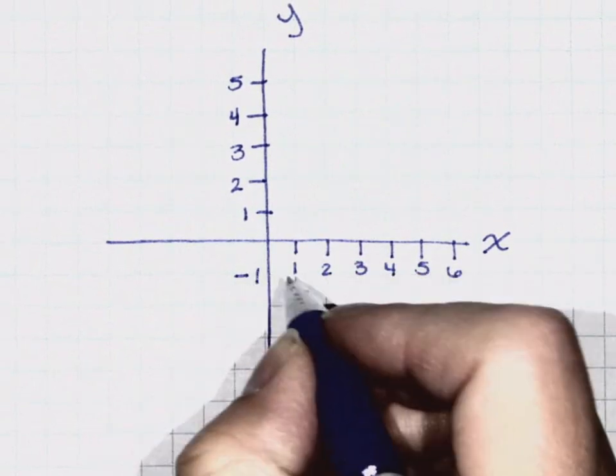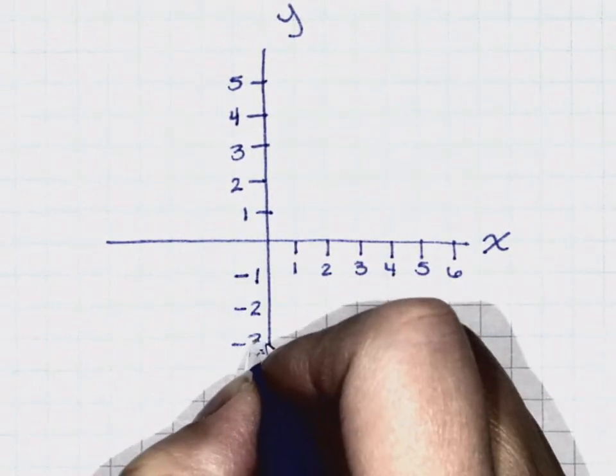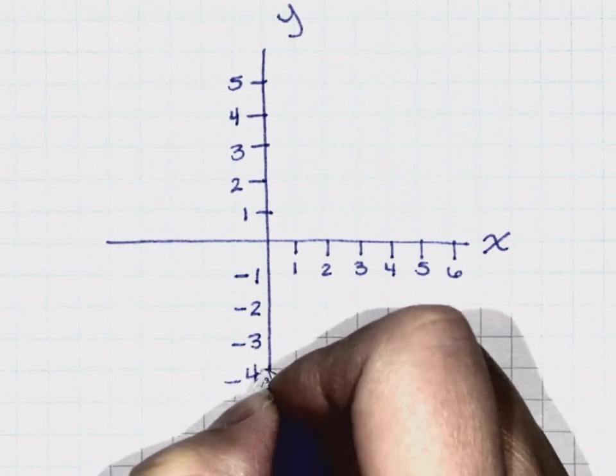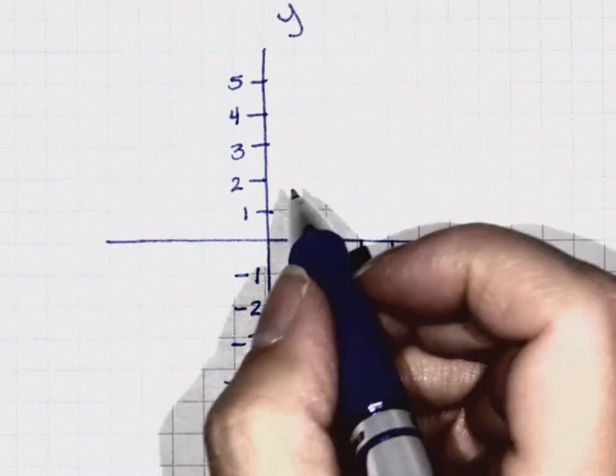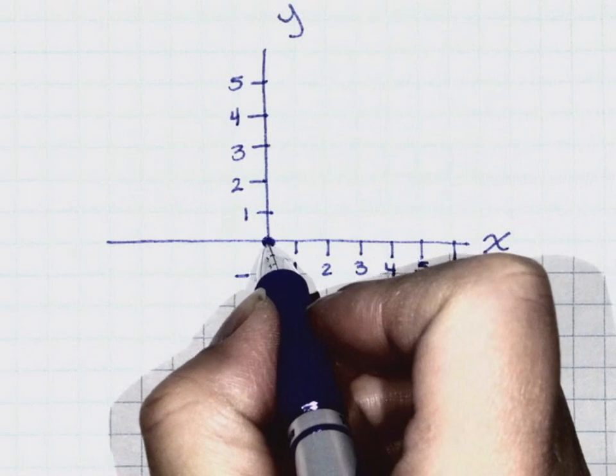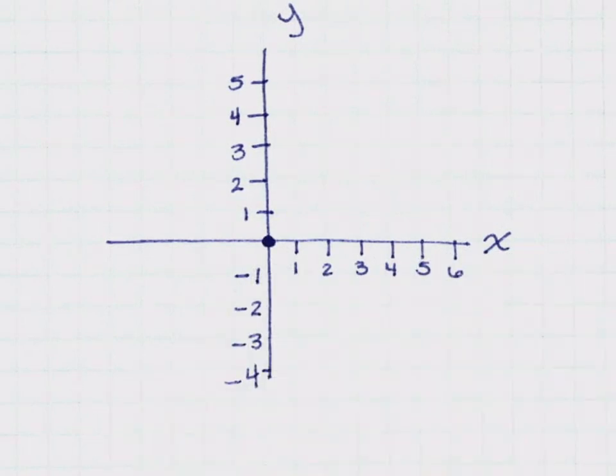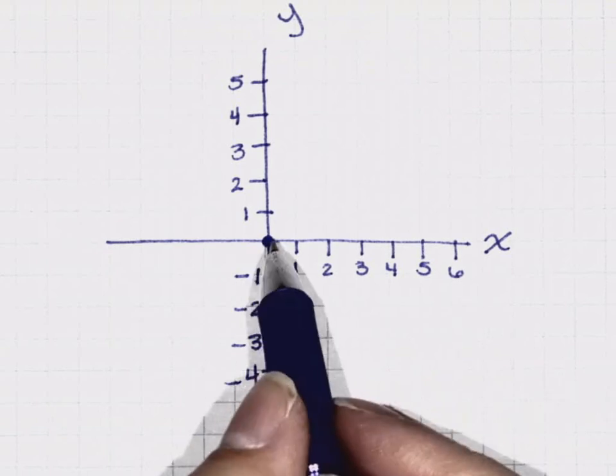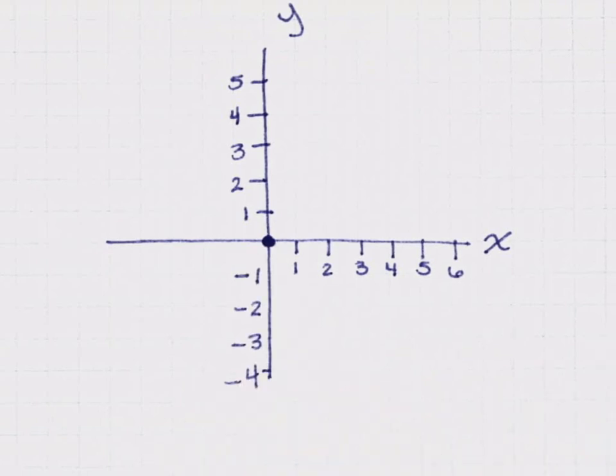This one would be -1, -2, -3, -4 right there. What's the value right there where I put that dot? 0. It's a super special point. It's called the origin. It's where the graph starts at 0, 0. The x is 0, the y is 0. We call that the origin.